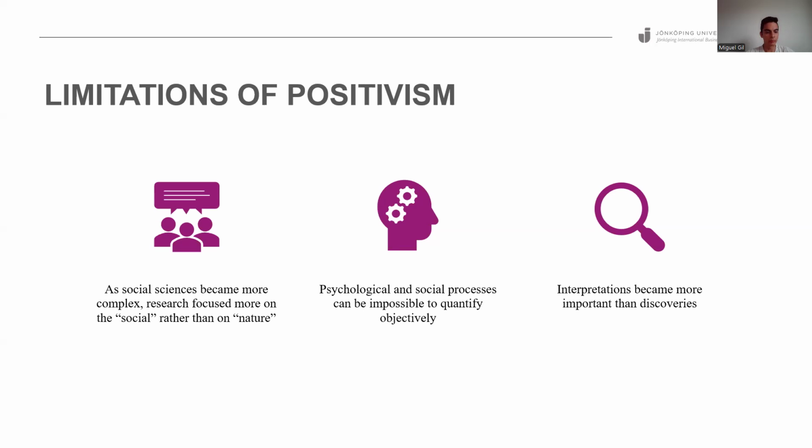Because of that, and when societies became more complex, they realized that maybe in some cases, it's more important to focus on the social aspect rather than the natural aspect of something. That is something that positivism cannot really unpack: social aspects, complexities, and interpretations that are deeper than just bare reactions that we see in nature.